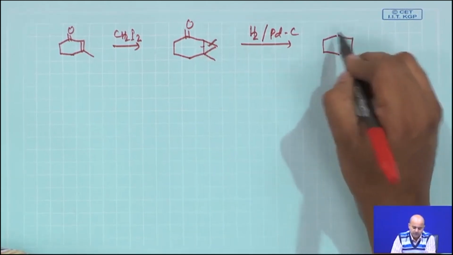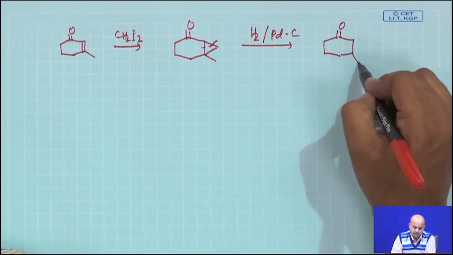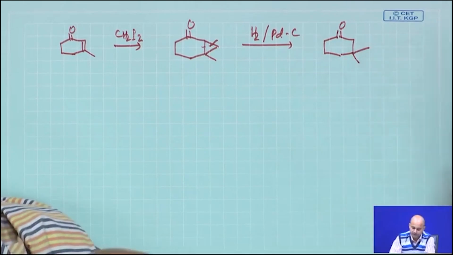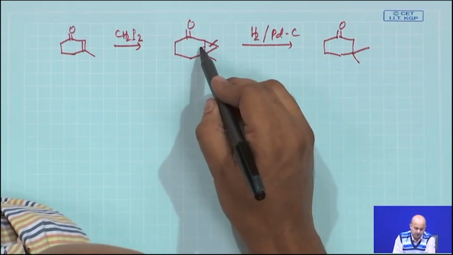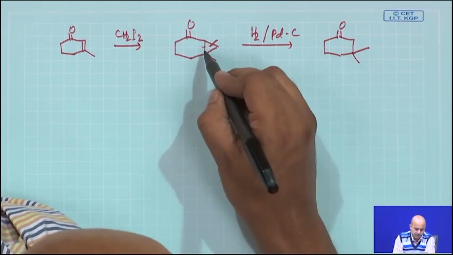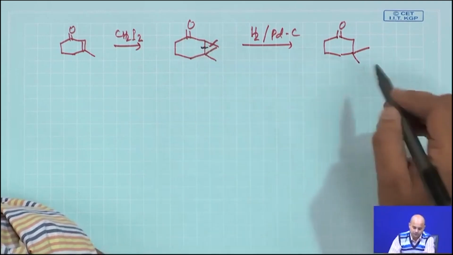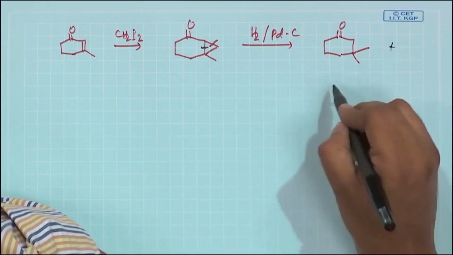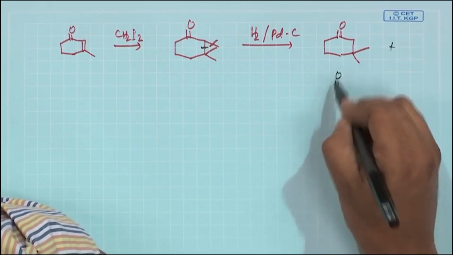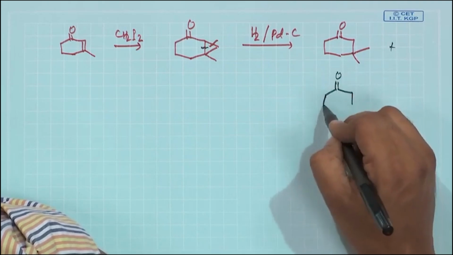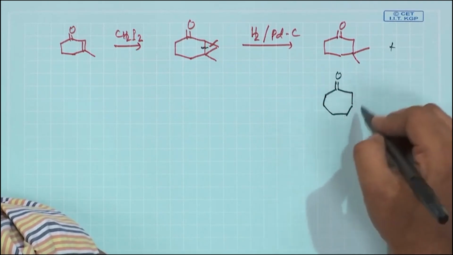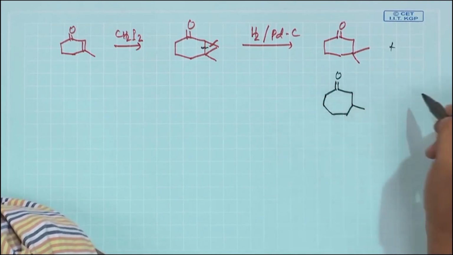So, you basically can get this compound as well as your ring might be extended. I mean, if you clip this way also, you can get the corresponding 7 member thing. You can get the 7 member things also.